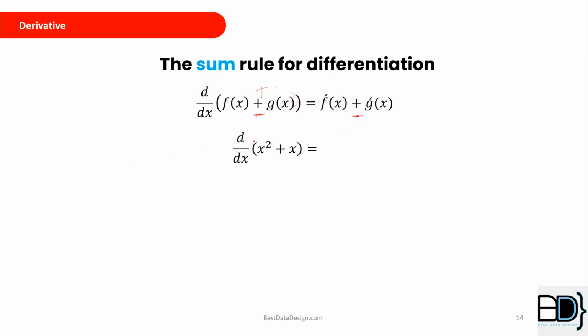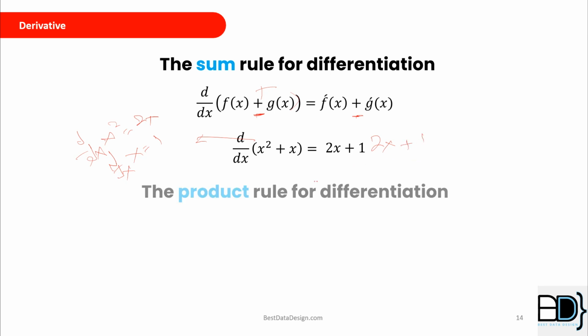Okay, so here if we want to calculate the derivative of x2, it is equal to 2x. Okay, the derivative of x is 1, so the result is 2x plus 1.